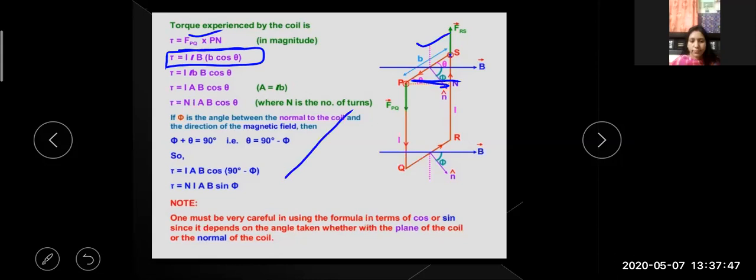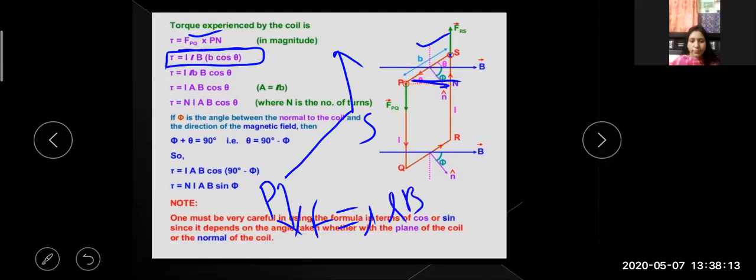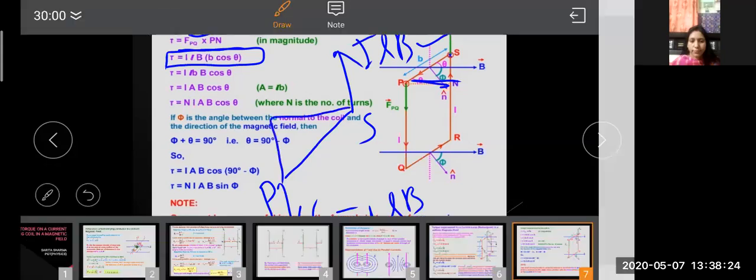This is P, and this is S. We see the top view of the coil, with force F equal to ILB, or this is ILB, right? And this is the perpendicular distance.